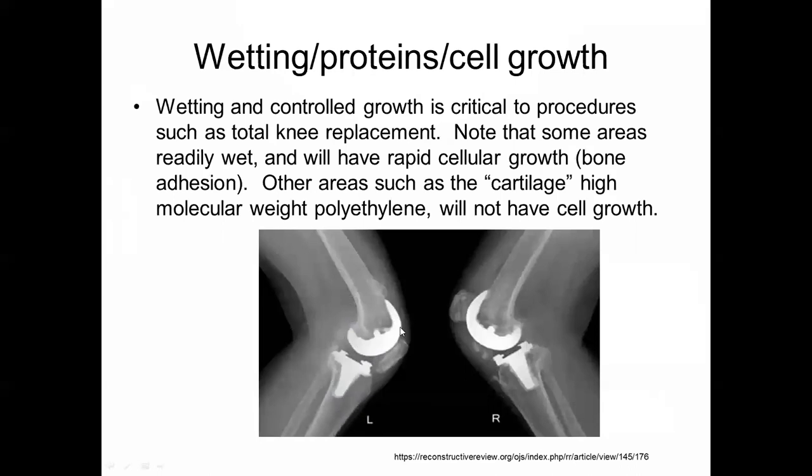So this could be, for example, high molecular weight cross-linked polyethylene. And in that case, what we're going to do is not have wetting on that surface. Therefore, we wouldn't have cellular growth, and that would keep this relatively smooth, and the water would ride across the surface and act as a lubricant.